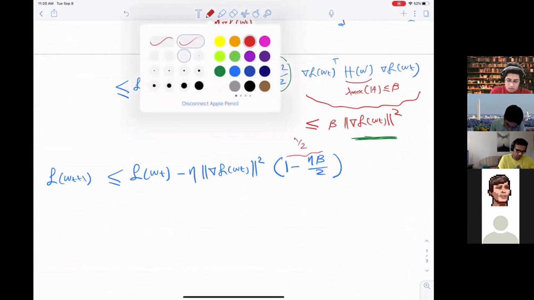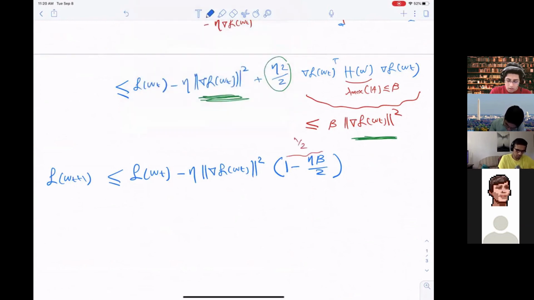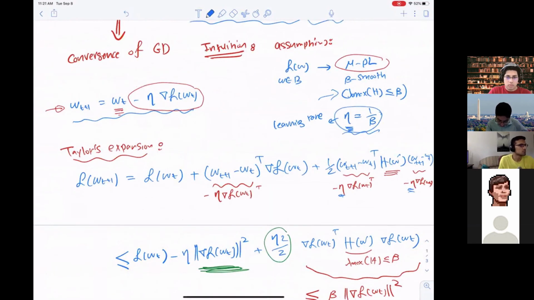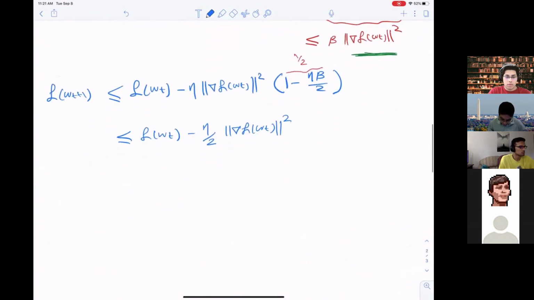So this whole thing is going to be less or equal to WT minus half times the norm squared of my gradient. That's it. I use my third assumption here, I use my second assumption here. I haven't used my PL assumption yet.